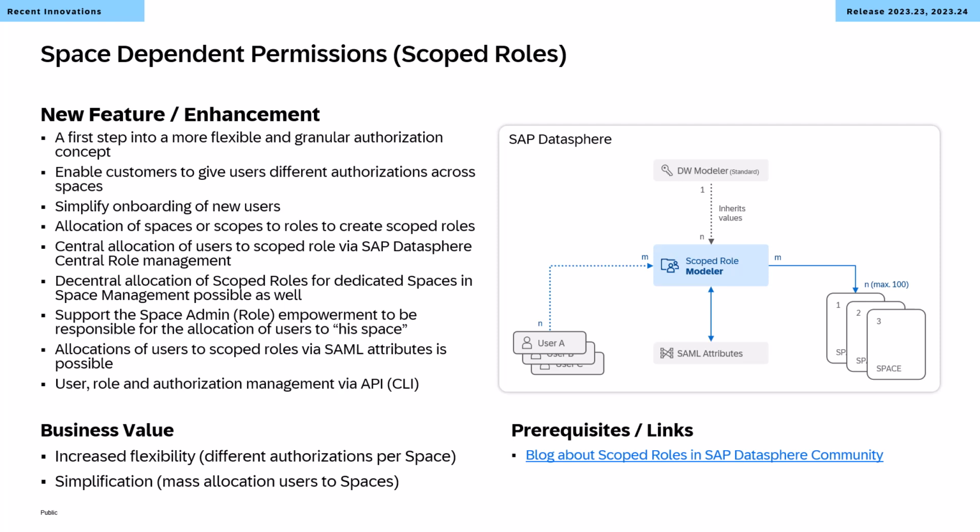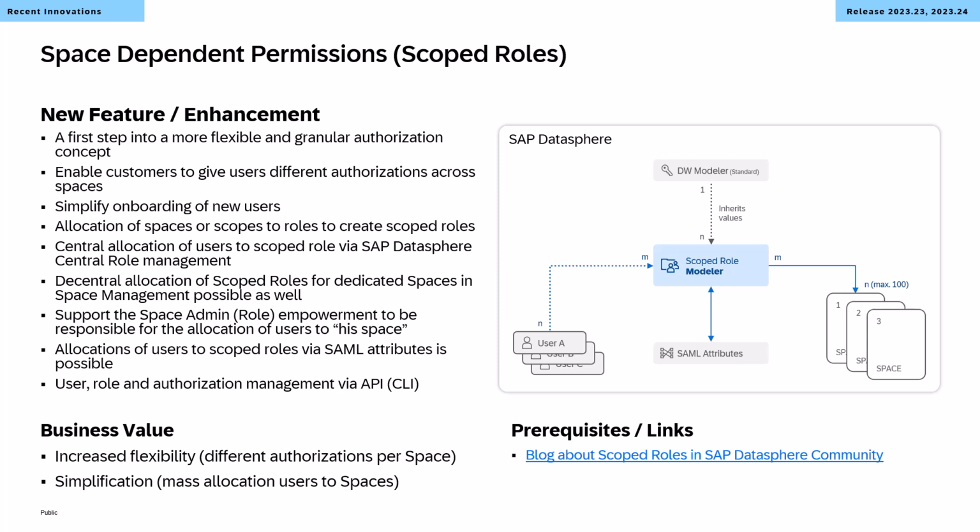It's also possible to use SAML attributes to allocate users, and the command line interface, the CLI API, is supported, and we have a quite detailed blog out on the community. I showed you the community earlier, so that's where you find more information.